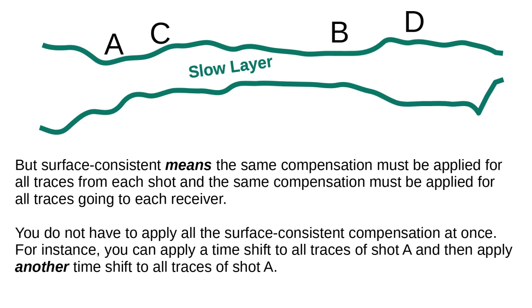But surface consistent means the same compensation must be applied for all traces from each shot, and the same compensation must be applied for all traces going to each receiver. You do not have to apply all the surface consistent compensation at once. For instance, you can apply a time shift to all traces of shot A and then apply another time shift to all traces of shot A.